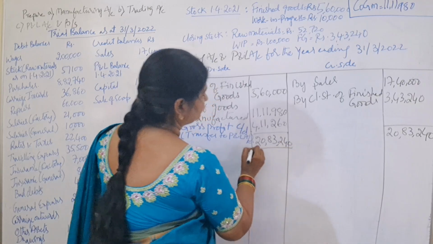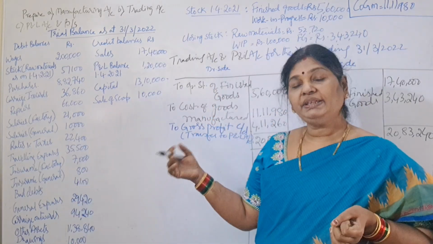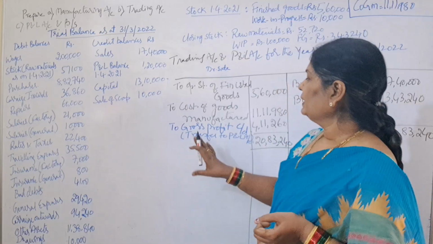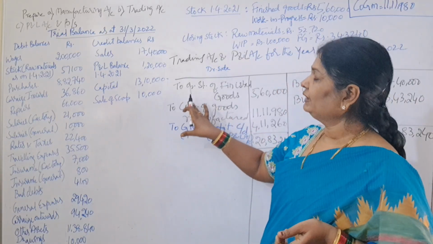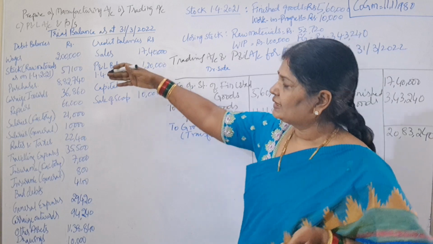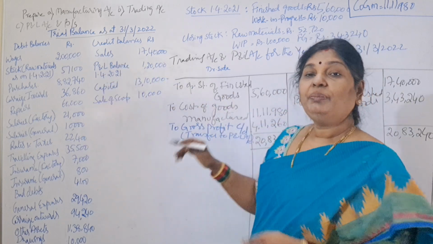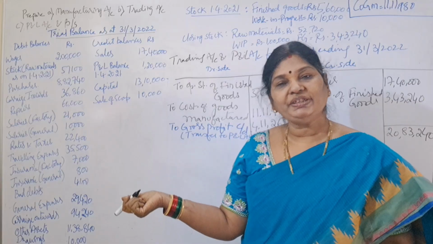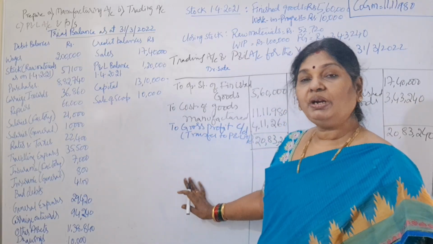20 lakhs 83,240. What's the difference between a normal trading account and a trading account that is used with the manufacturing account? If it is only a trading account, then we will take wages, purchases, carriage inwards, everything in the trading account. But here we have already prepared the manufacturing account and taken everything under it. So here in trading account, what will come?